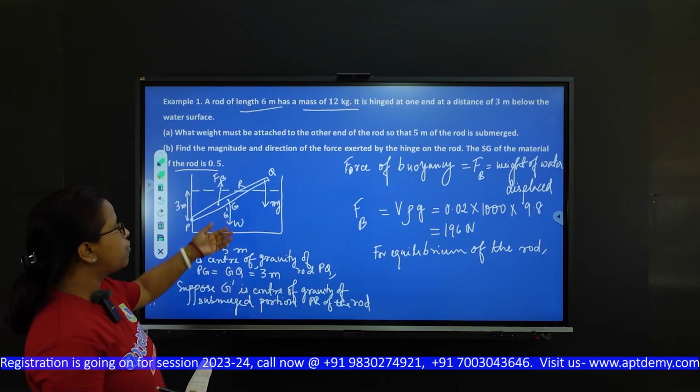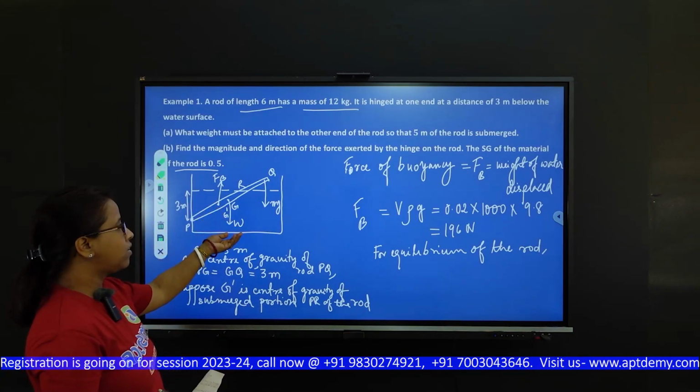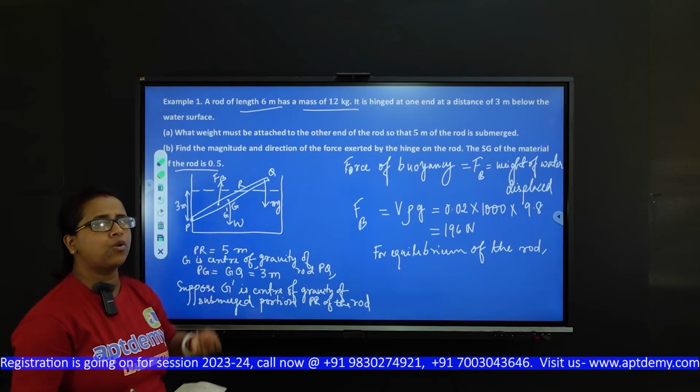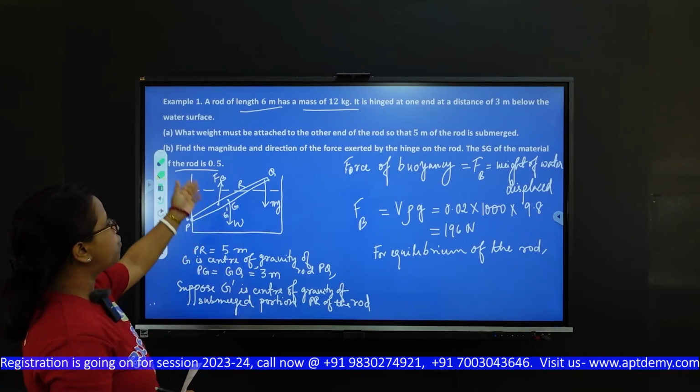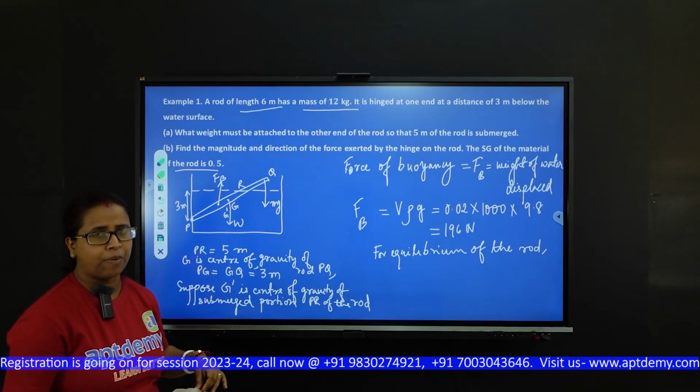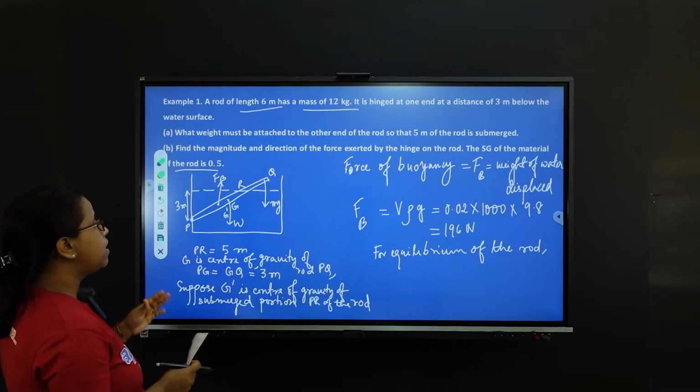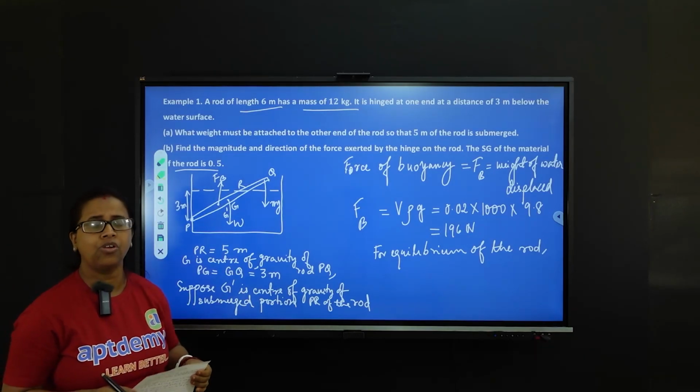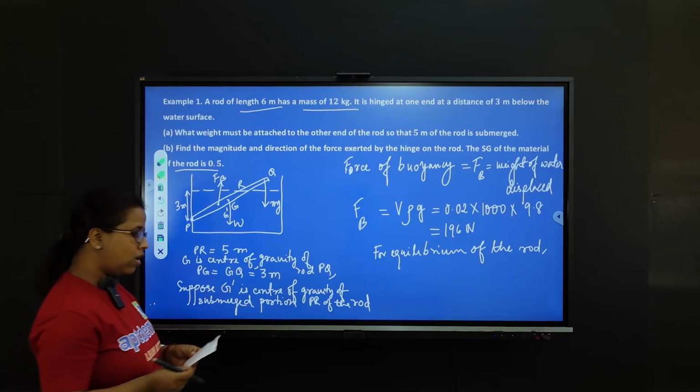Now what are the downward forces acting here? We have the weight acting in the downward direction and we have the weight hanging here. And the upward force is only the force due to buoyancy. But then there is an angle of inclination here which needs to be taken into note.